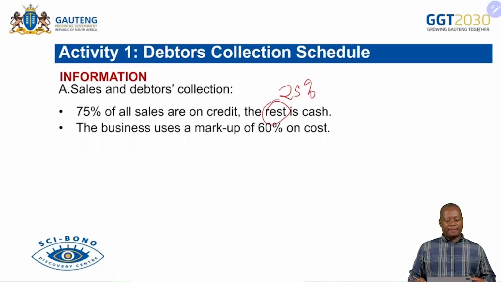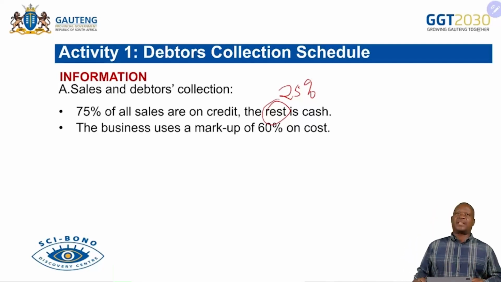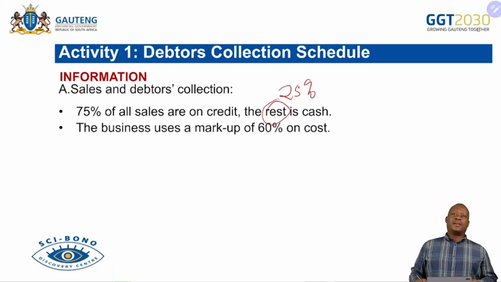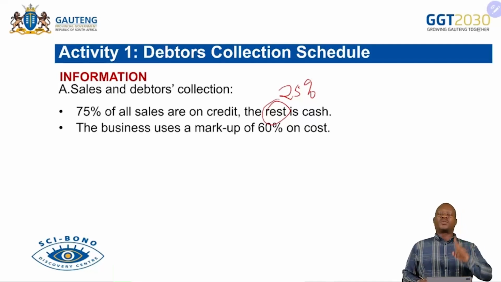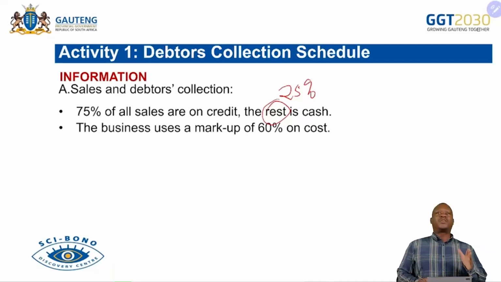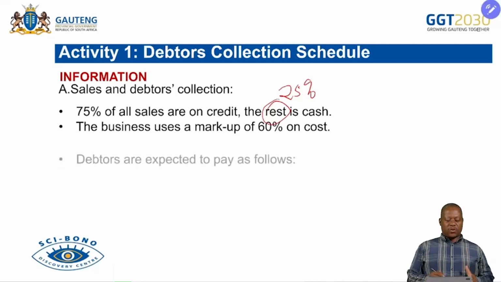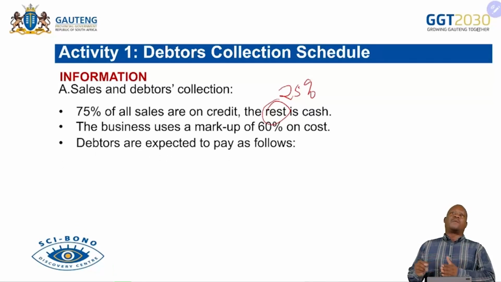And then, the business uses a markup of 60% on cost. Now, why do we have this brought to our attention? Please take note. When dealing with this topic, you are going to see that they are going to tell you that the business is using a fixed stock base, which means opening stock and closing stock are always expected to be the same.